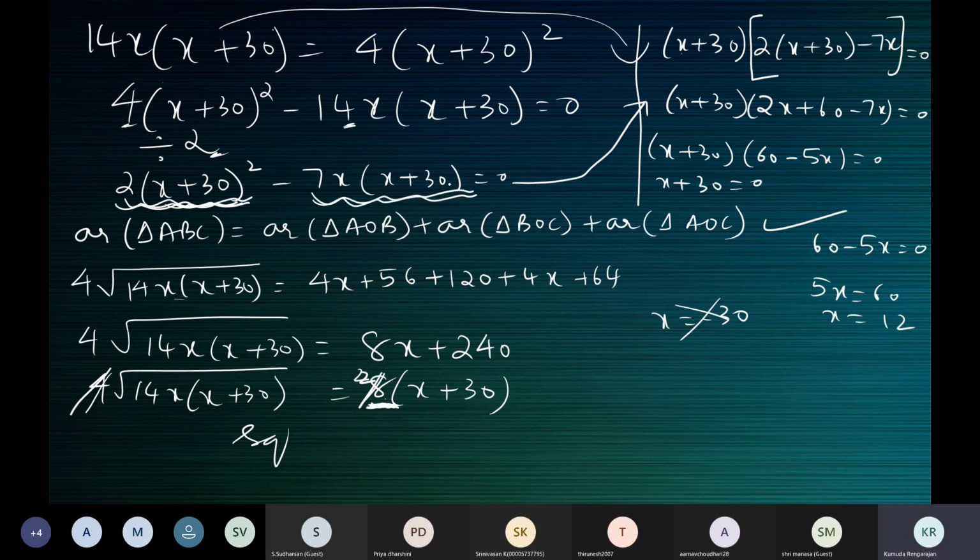Both the terms have x plus 30, so x plus 30 is common. Then 2 into x plus 30 will come in the bracket for the first term. And for the second term, x plus 30 is outside, so minus 7x. That's all.